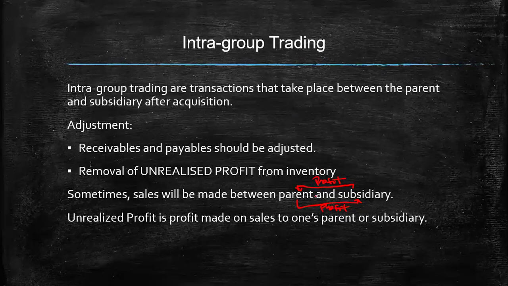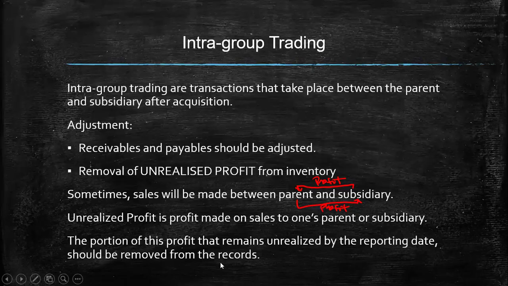So it is not possible to sell goods to yourself and make a profit on that. That is why we have to adjust for this unrealized profit. Unrealized here means something that hasn't actually happened. So when we say unrealized profit, this is profit that we have not actually earned, because from the consolidation point of view they are the same company, and therefore this profit is not real.